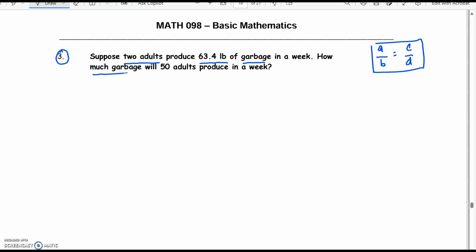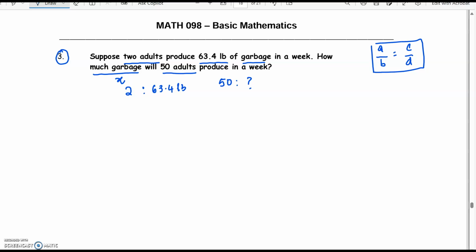How much garbage, so basically that's your X, will 50 adults produce in a week? So two adults produce 63.4 pounds of garbage. How much garbage will 50 adults produce? So this is the question.